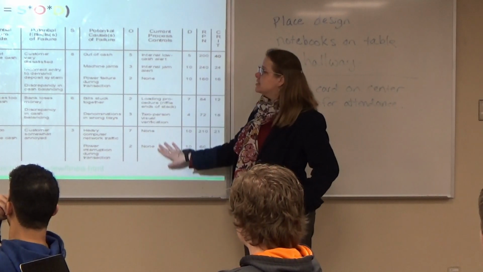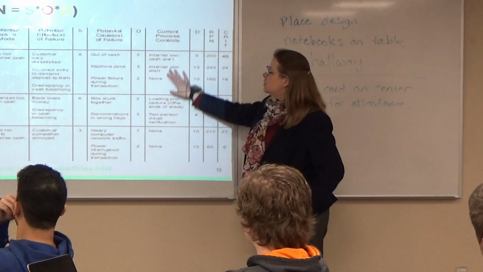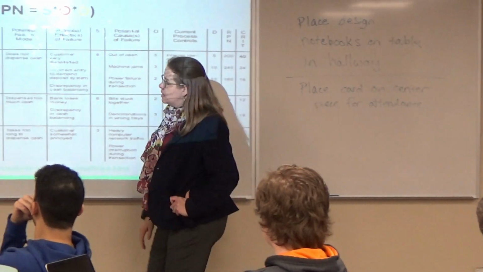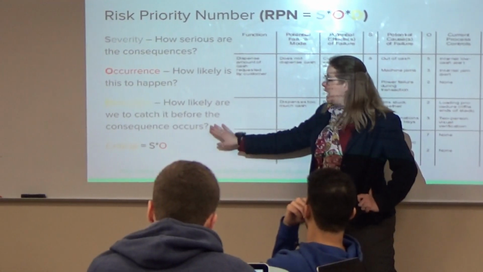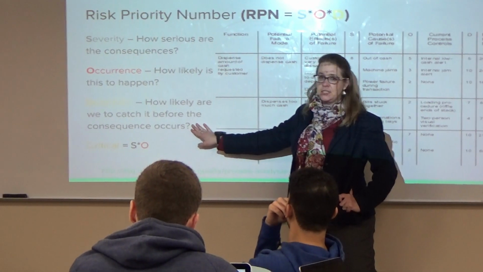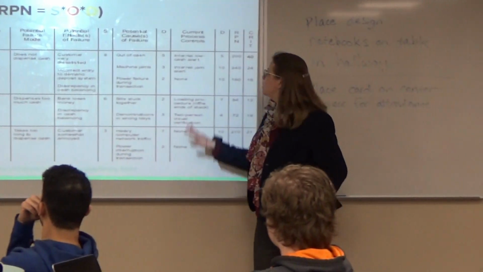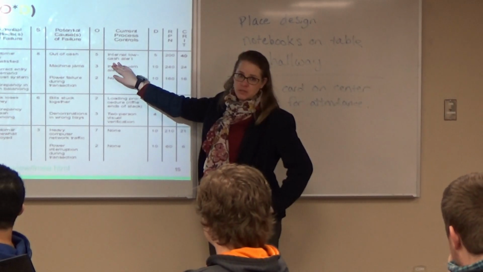Then, the last column, which is a little bit harder to understand sometimes, but what are the current controls we have to prevent that? Or detection. How likely are we to catch it before that happens? Do we have some sort of detection system, or D? So do we have an internal low cash alert?